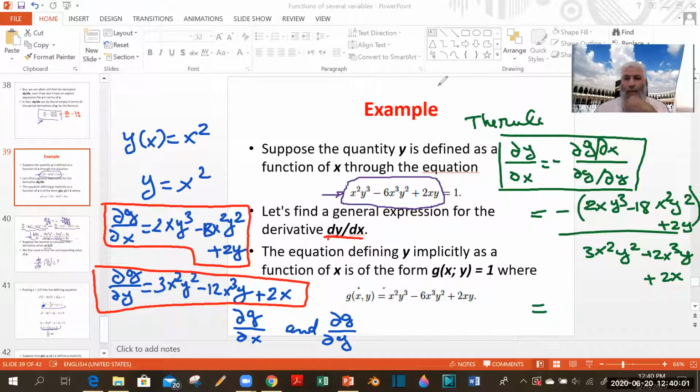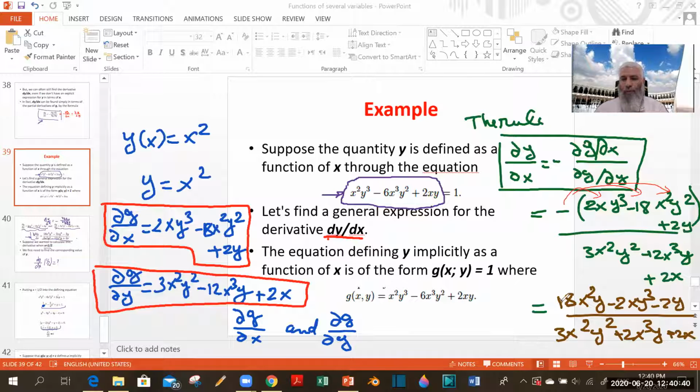So the negative sign, I will multiply into each term, so the result will be positive 18x squared y squared, minus 2xy cubed, minus 2y, divided by 3x squared y squared minus 12x cubed y plus 2x, and this is the answer.